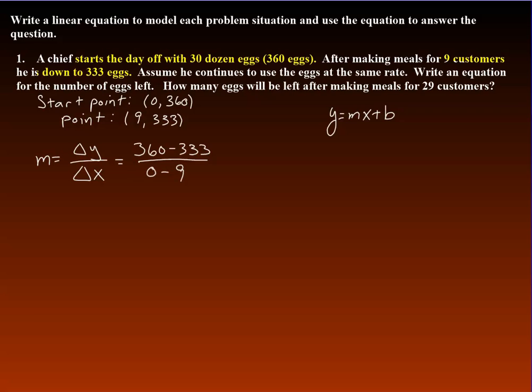We use 0 first because we used 360 on top first. When I subtract, I get 27 on top. 0 minus 9 is negative 9. We always have to reduce, so 9 goes into 27 3 times, and it's negative because there's one negative.